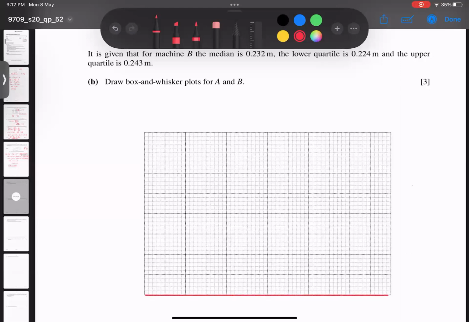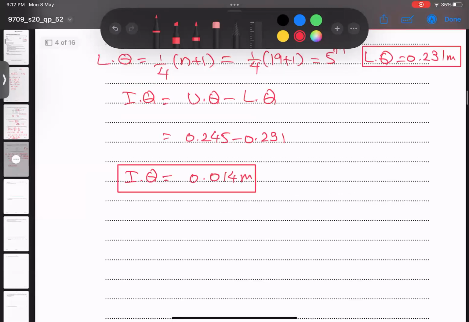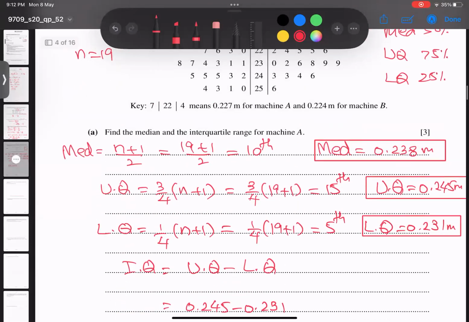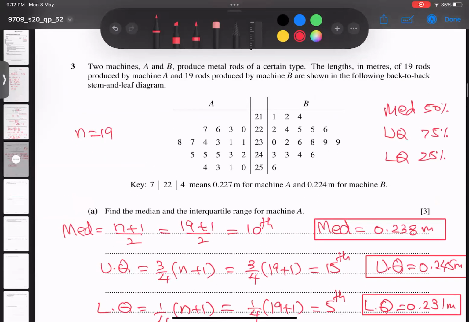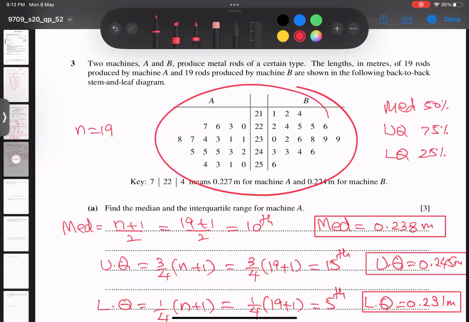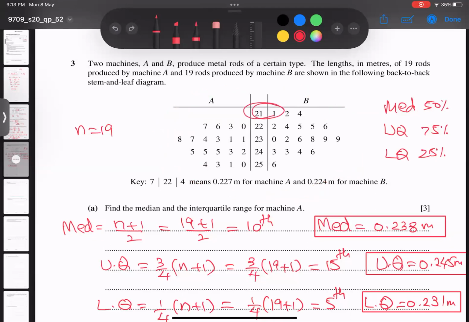First of all, what is the method to do it? Have a look here. What is the lowest value coming from the whole diagram? Okay, so let's see the whole diagram. Students, let's see the lowest value coming from here. Let me check the lowest value: 0.211 is coming from here.